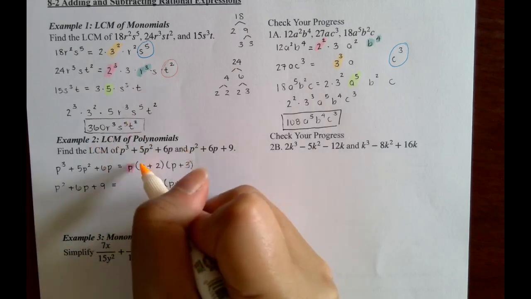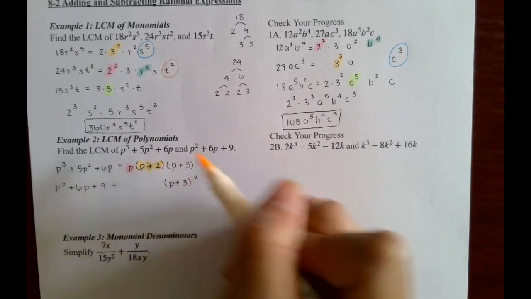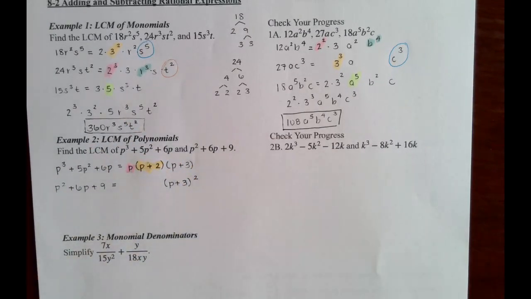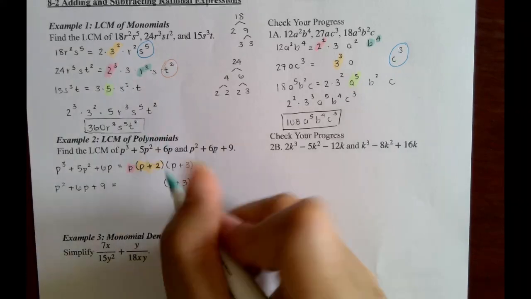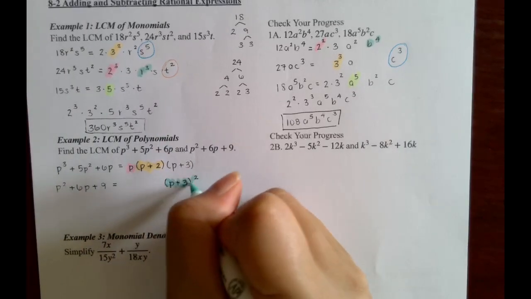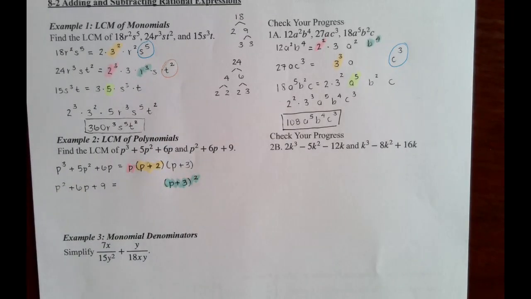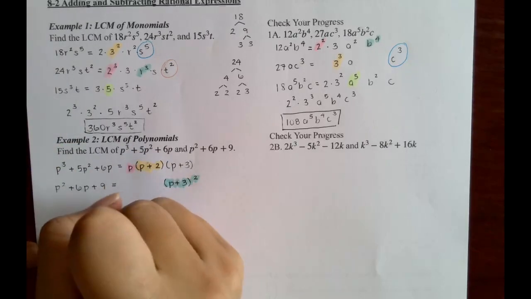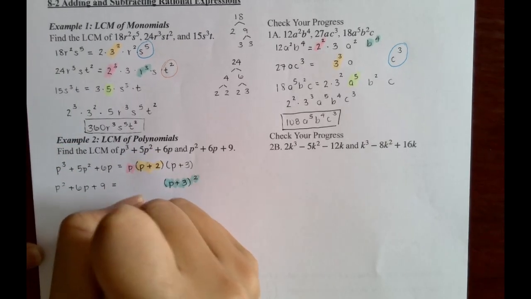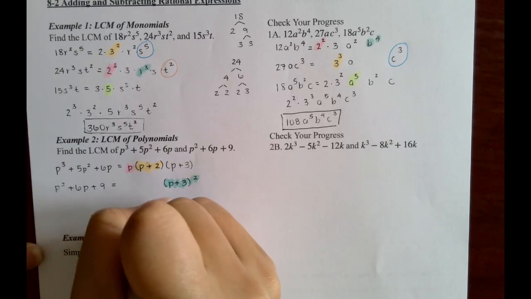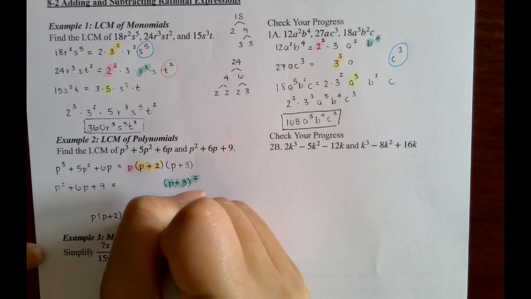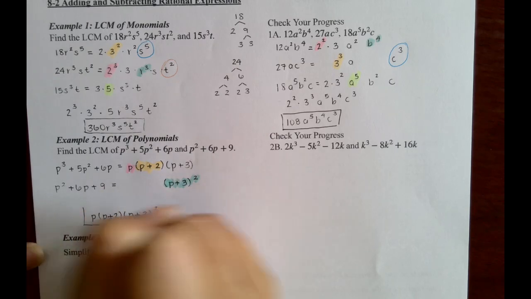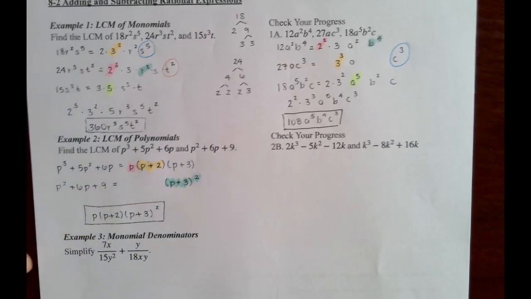Then I want p plus 2. And then p plus 3 compared to p plus 3 squared, I'd want this one. And so my LCM here is p times p plus 2 times p plus 3 squared. There you go.